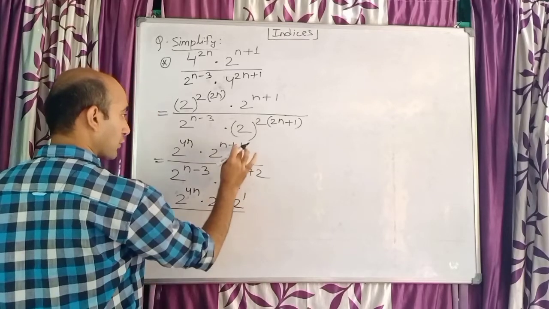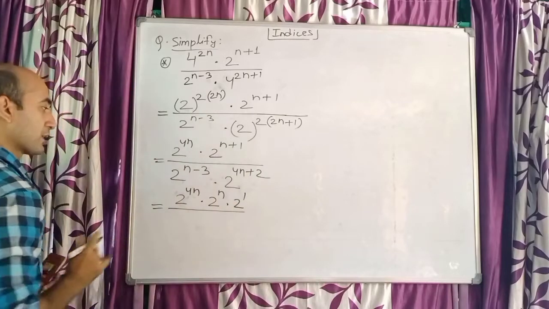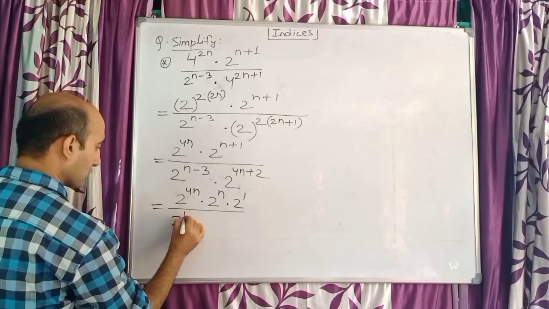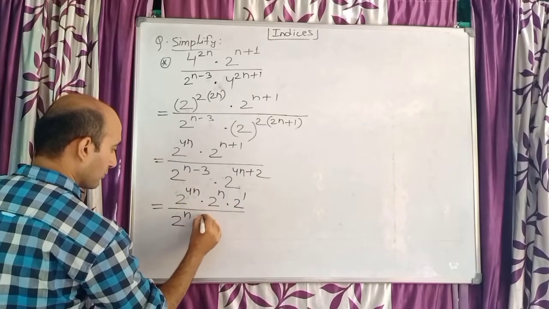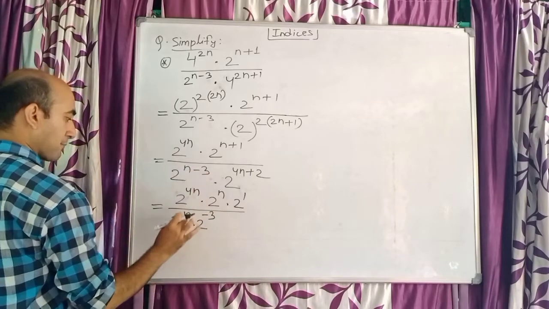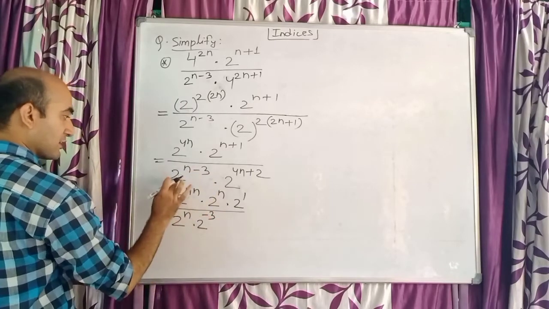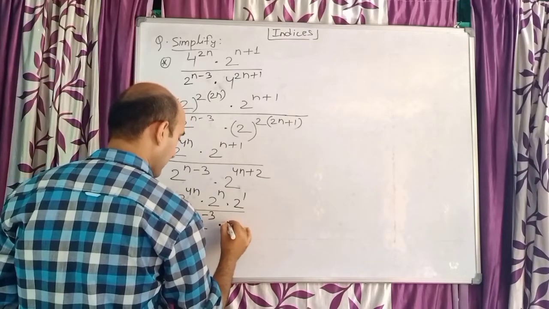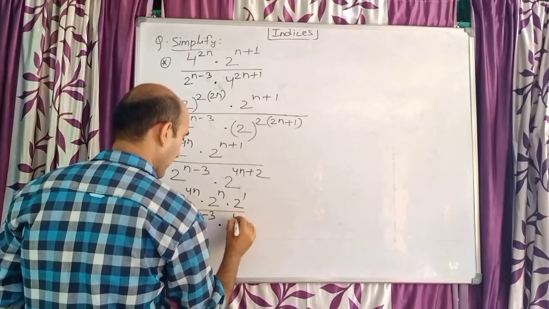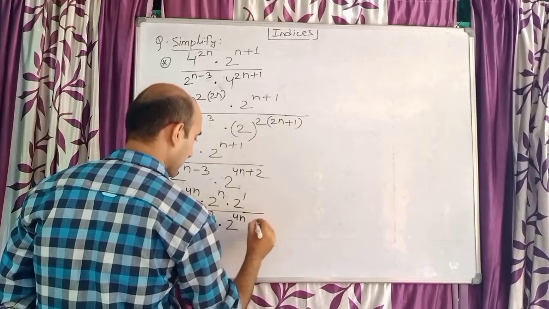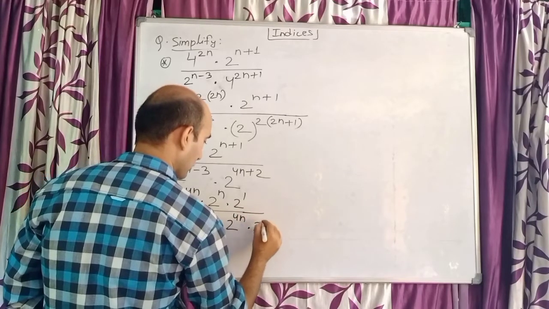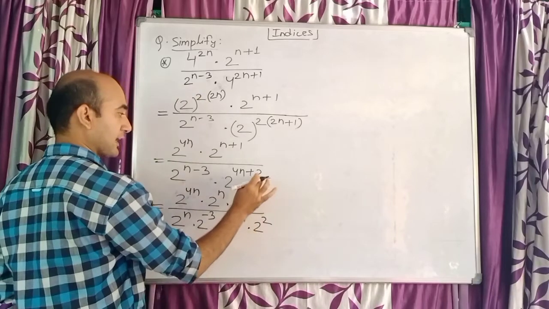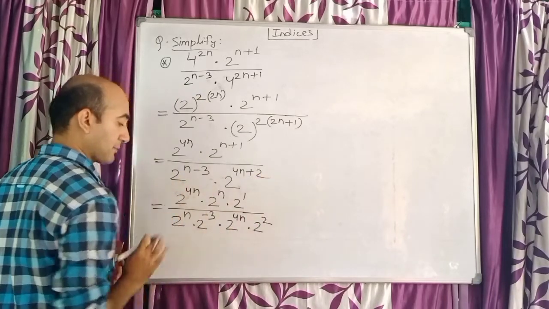So n came here and 1 came here, and here also split up 2 power n dot 2 power minus 3. So power n came here, minus 3 came here, and we already have dot here. Here also you split up 2 power 4n dot 2 power 2. 4n came here and this 2 power 2 came here.